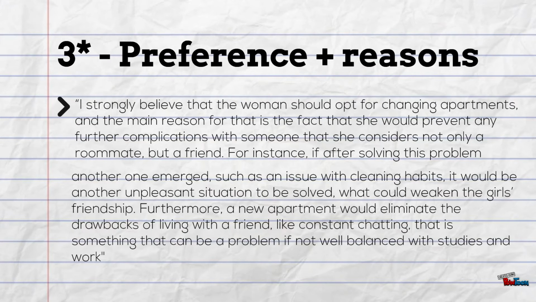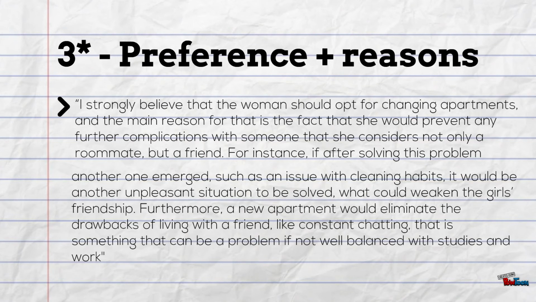I strongly believe that the woman should opt for changing apartments, and the main reason for that is the fact that she would prevent any further complications with someone that she considers not only a roommate, but a friend. For instance, if after solving this problem another one emerged, such as an issue with cleaning habits, it would be another unpleasant situation to be solved, which could weaken the girl's friendship.